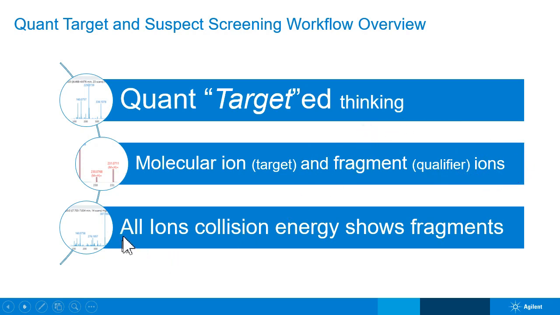Also, in the all ions workflow, low collision energy gives you information about the molecular ion, and then at higher collision energy voltages you can see the fragments from that molecule, so you can get a picture of not just the molecular ion, but confirming fragments.